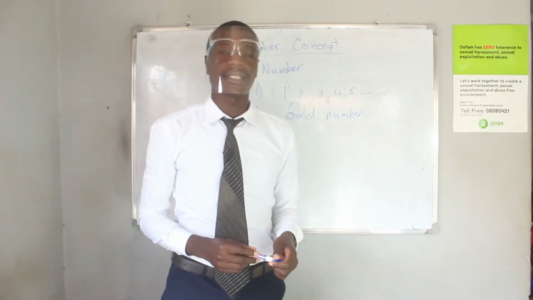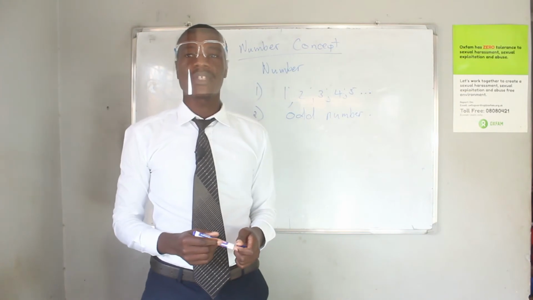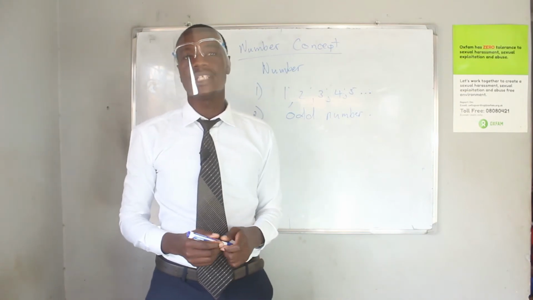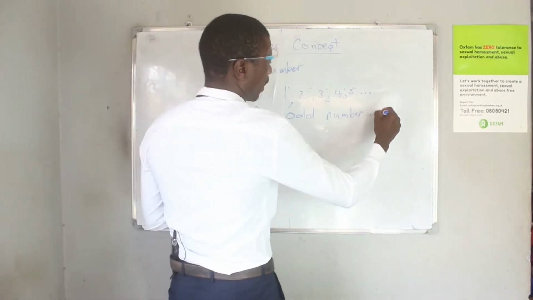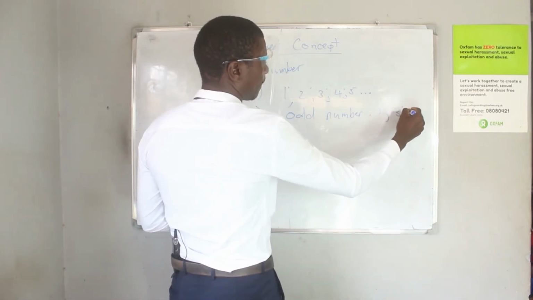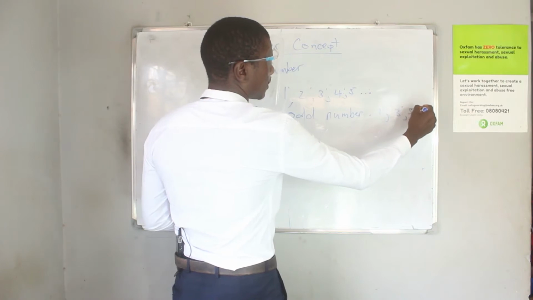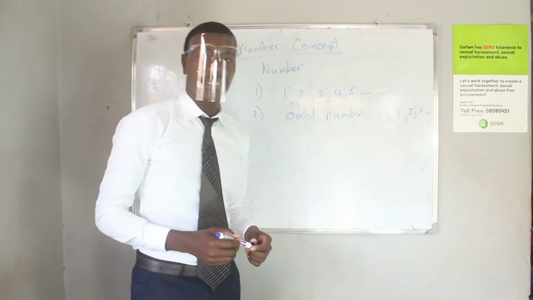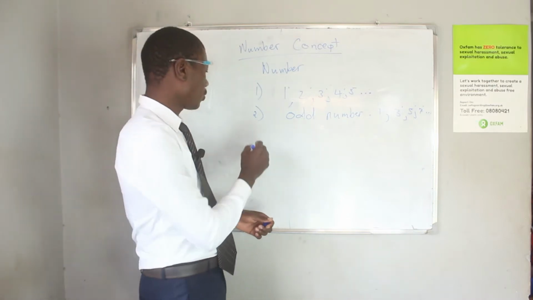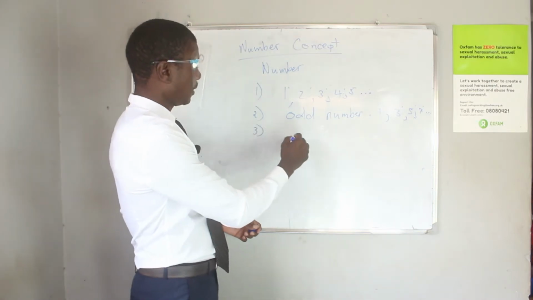What are odd numbers? Odd numbers are those numbers that are divisible by 2, leaving a remainder of 1. For example, 1, 3, 5, 7, etc. We move on to even numbers.